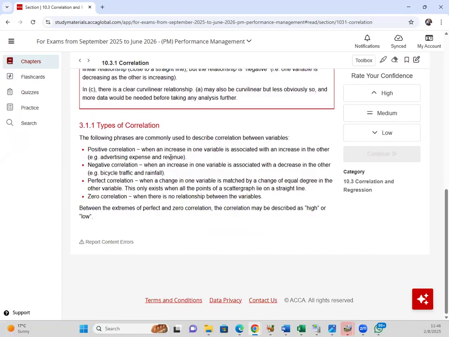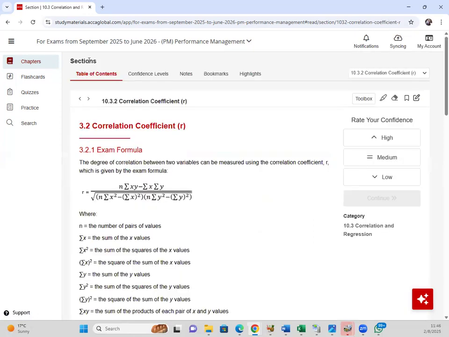We have a positive correlation, negative correlation, zero correlation, perfect correlation. Perfect can be perfectly negative or perfectly positive. So that's R. This is the equation for calculating R.